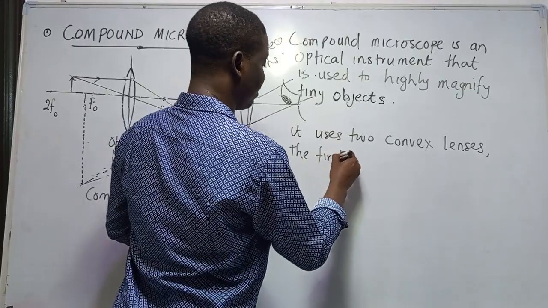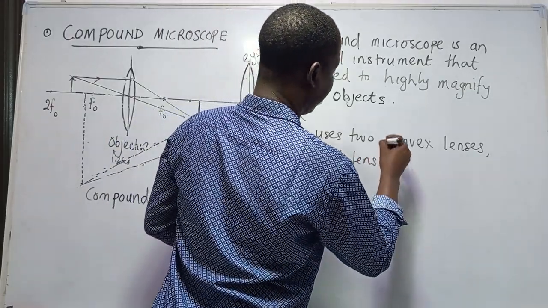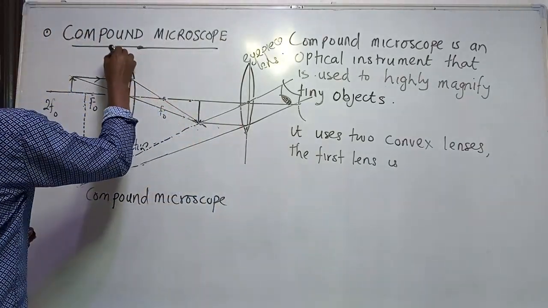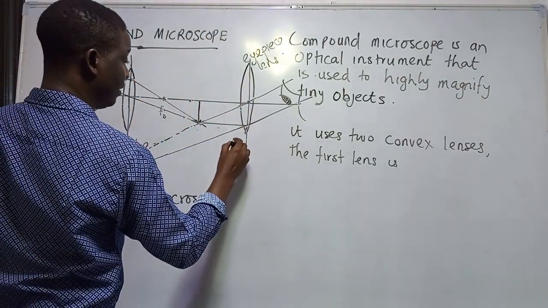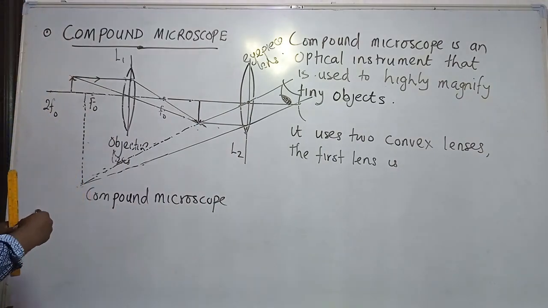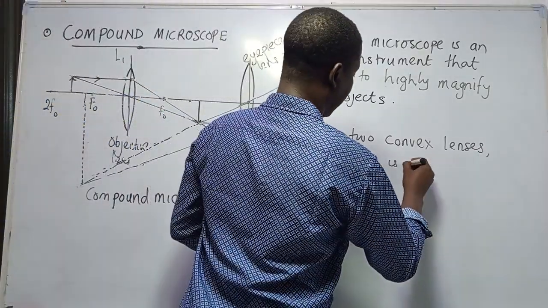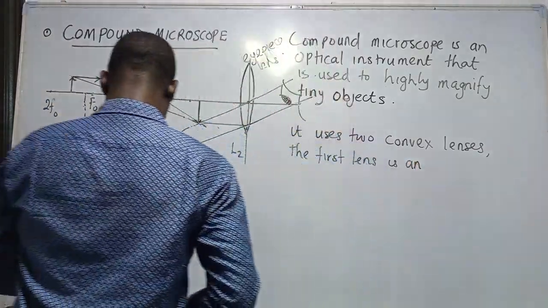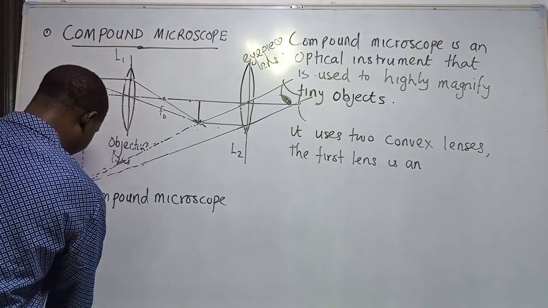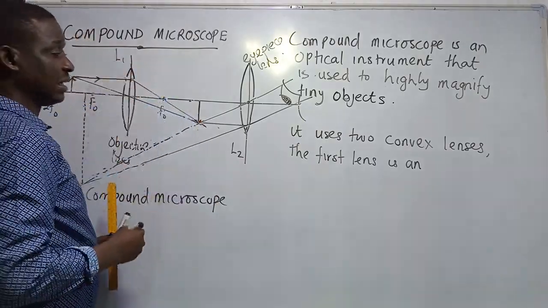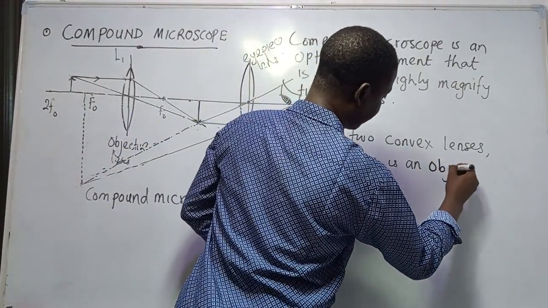The first lens is lens 1, and this is lens 2, because in the diagram we're going to be seeing everything. Lens 1 is an objective lens.